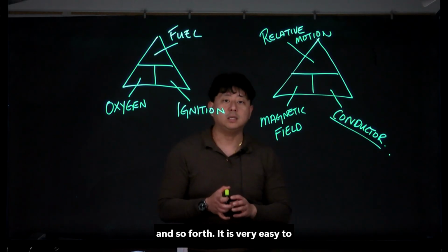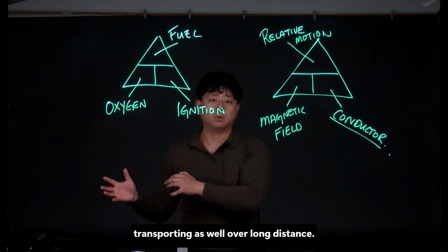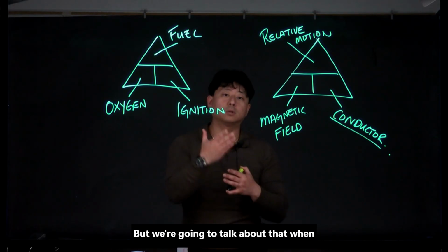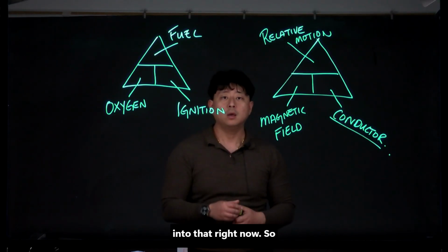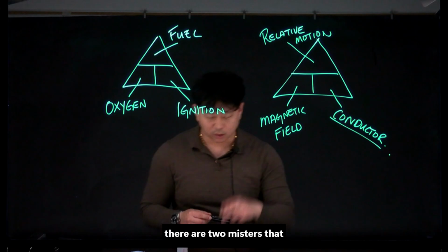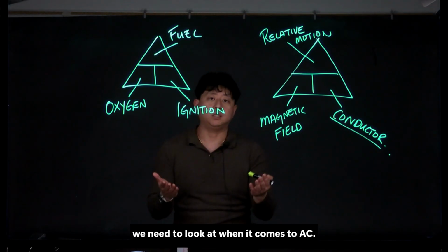It is very easy to create. It also is very good for transporting over long distance. But we're going to talk about that when we get to the transformer, so I won't get into that right now.